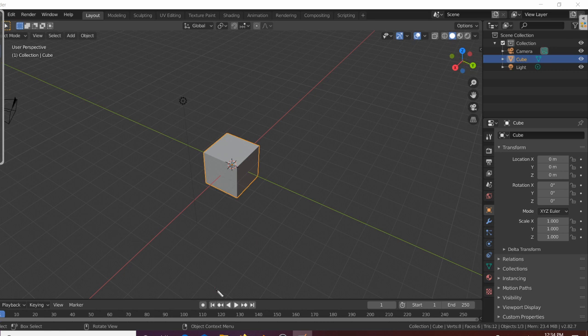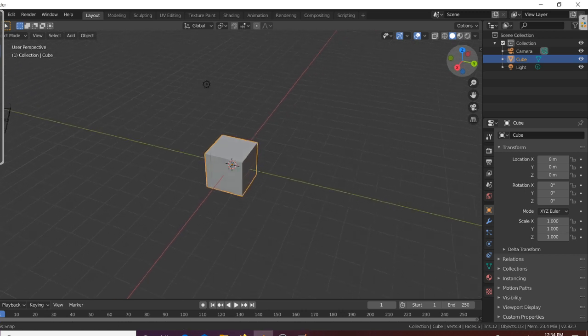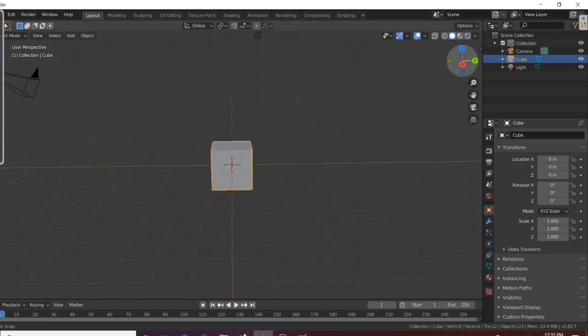Now, say you are looking at the front view of the object, that is the cube, by standing on one of the primary axes.